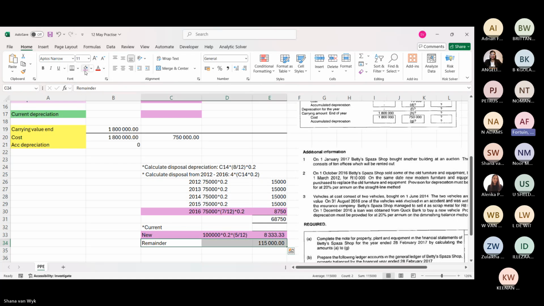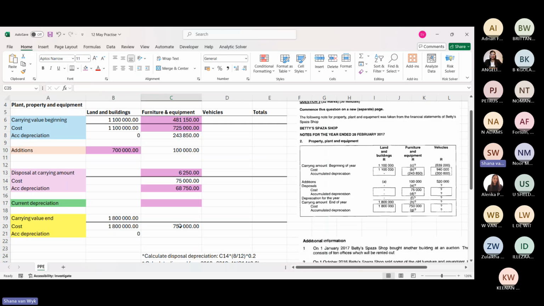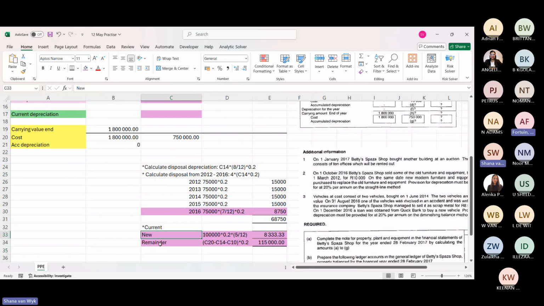This is a very complicated one, even for me. This reminder threw me off. Shauna, just make a dash there: remainder, existing, slash current.